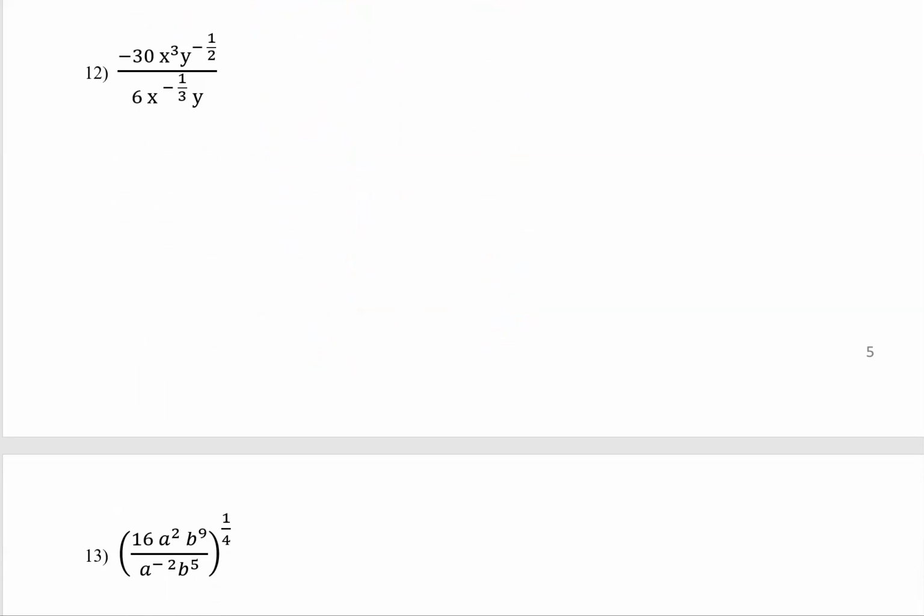All right, on number 12, note that there's more than one way that you can show your work. I'm going to start by simplifying negative 30 divided by 6, which is negative 5. Then I'm going to simplify x cubed divided by x to the negative 1/3. When you're dividing powers, you subtract.